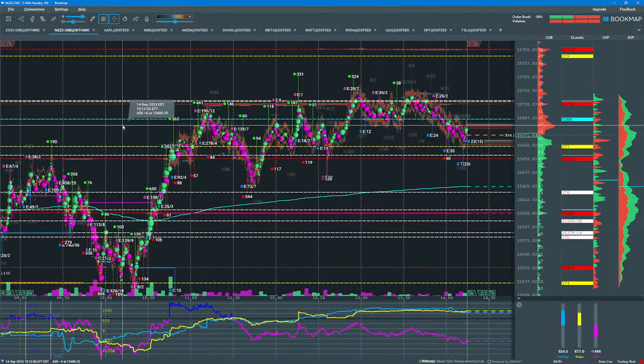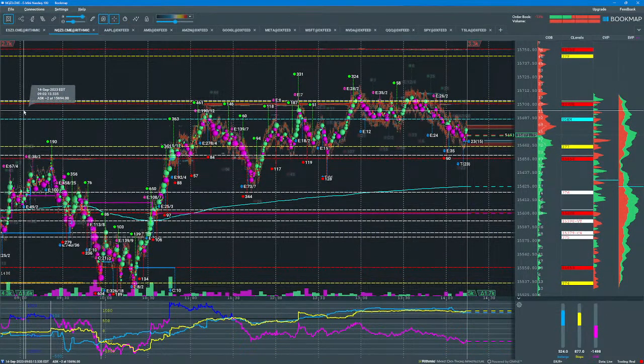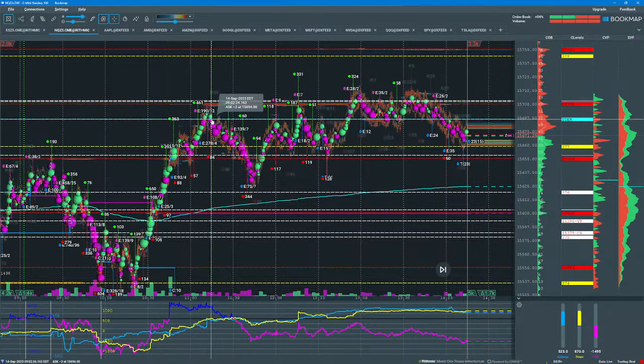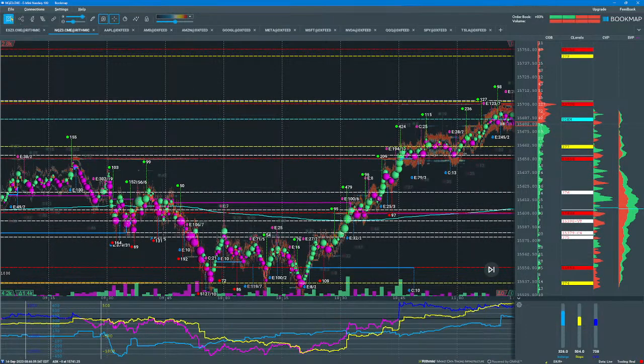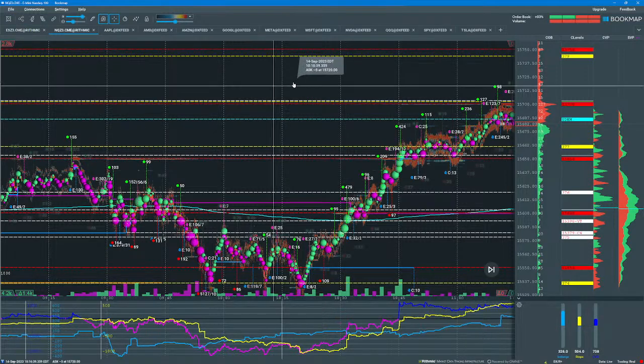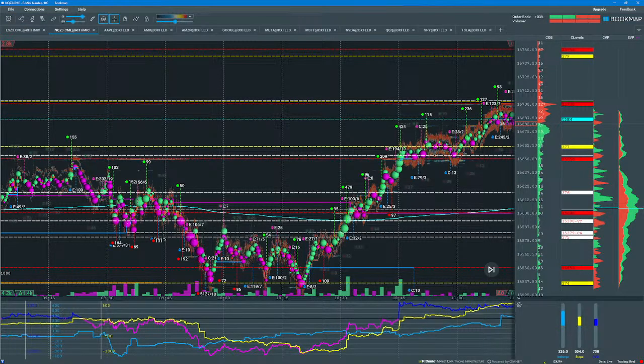Go to Nasdaq. Let's zoom in. So here's the short setup, pretty similar to S&P 500.